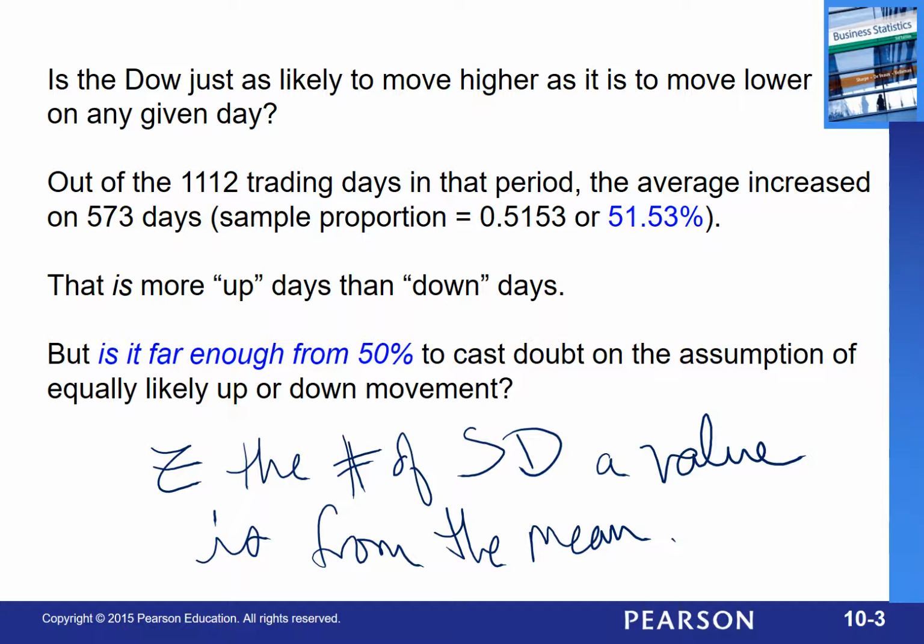Remember, z-scores are, well, if you don't remember, I'm going to tell you right now, and you can go ahead and skip this slide if you're not sure. A z-score we think of as the number of standard deviations a value is from the mean.